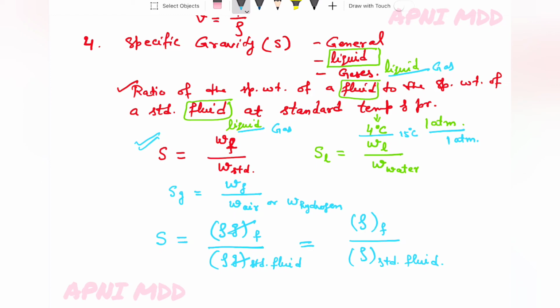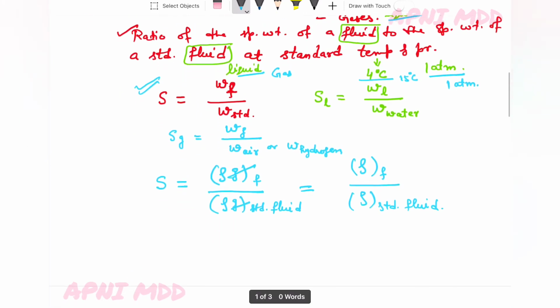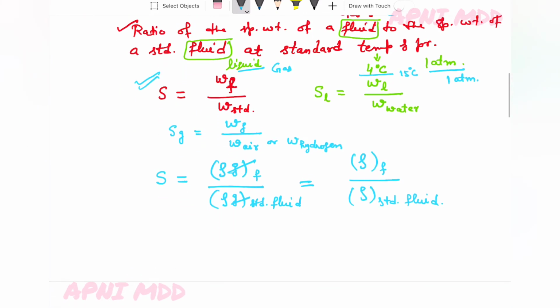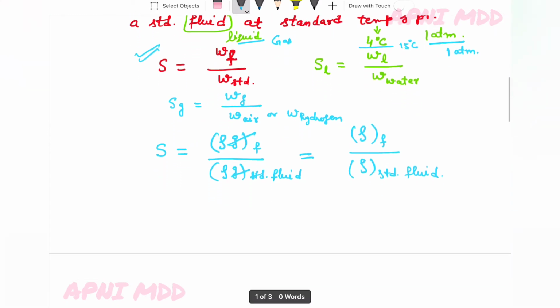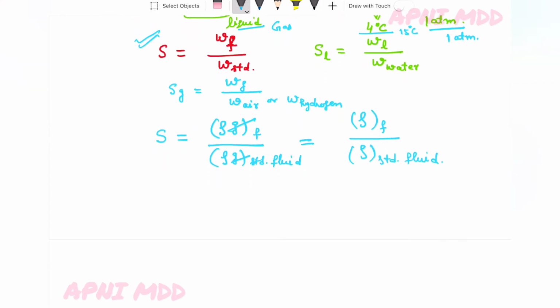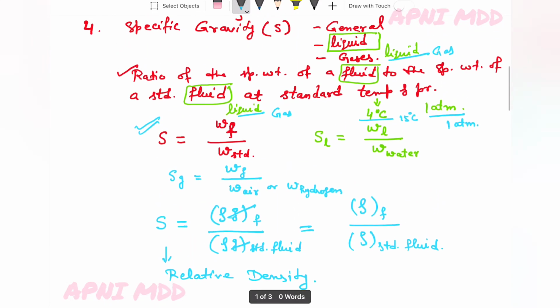So you can also say specific gravity is the ratio of densities, density of fluid to the density of standard fluid at standard conditions. Now, because of this relation, S is equal to rho of fluid divided by rho of standard fluid, we can also call this S a relative density.